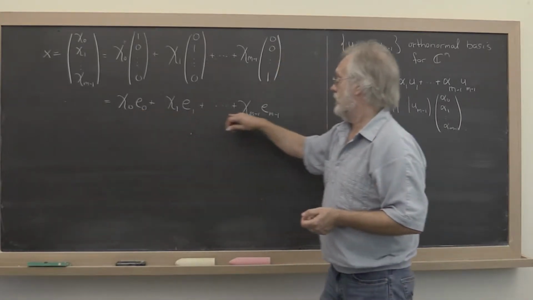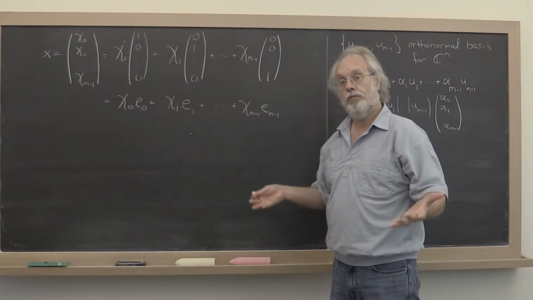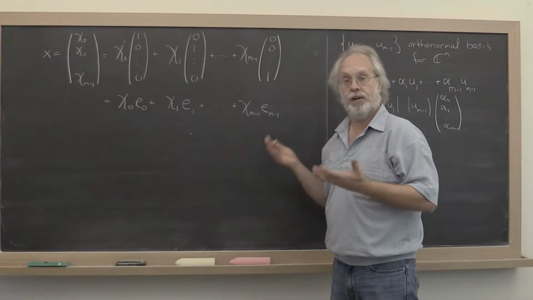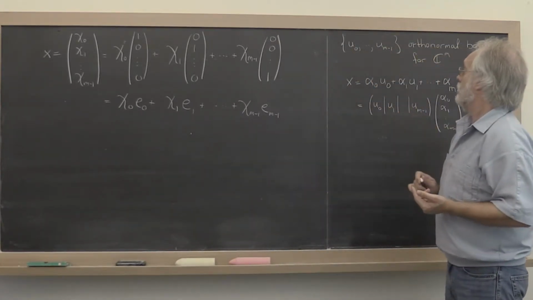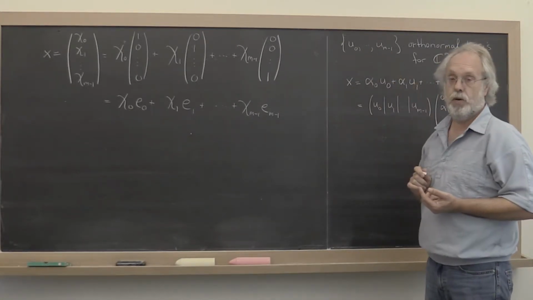And this is another way of writing the same thing. Now, it may be more convenient or better for some reason to view this vector with respect to a different orthonormal basis, say u0 through um minus 1.